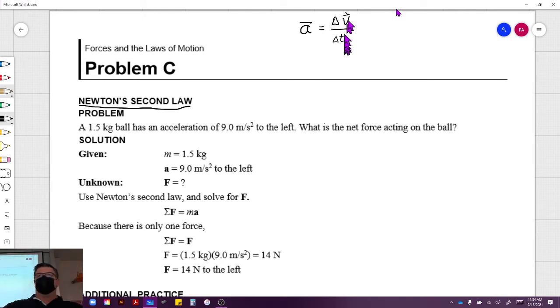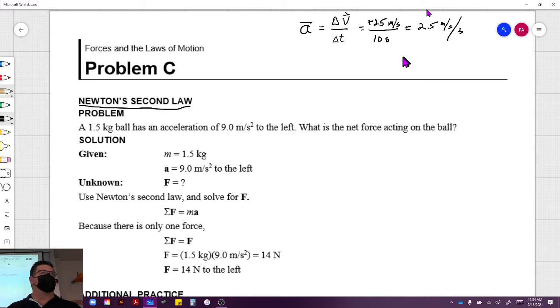So let's say we have an increase of 25 meters per second, and this occurs over the course of 10 seconds. This is going to equal 2.5 meters per second, right?